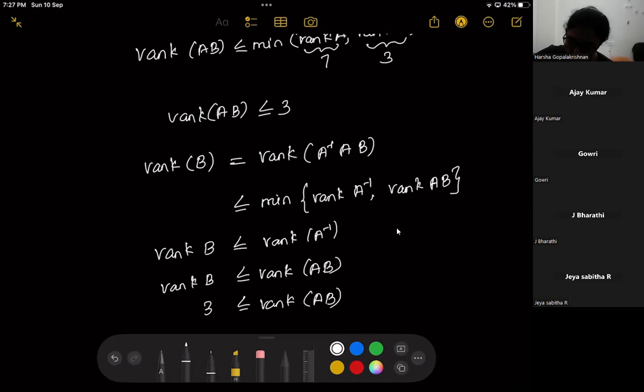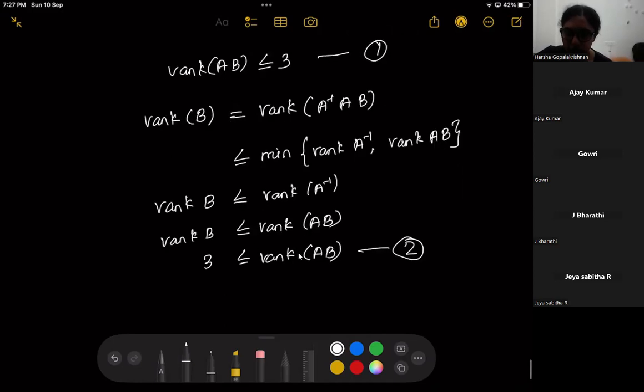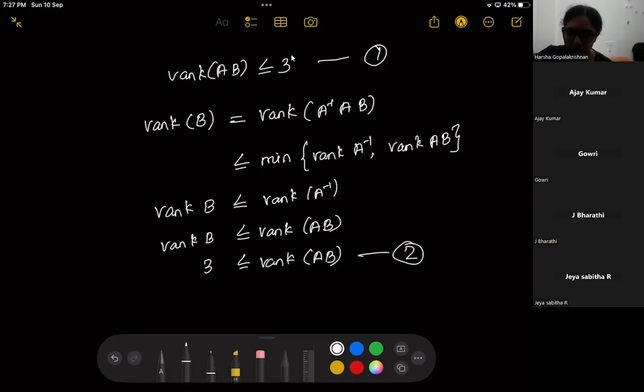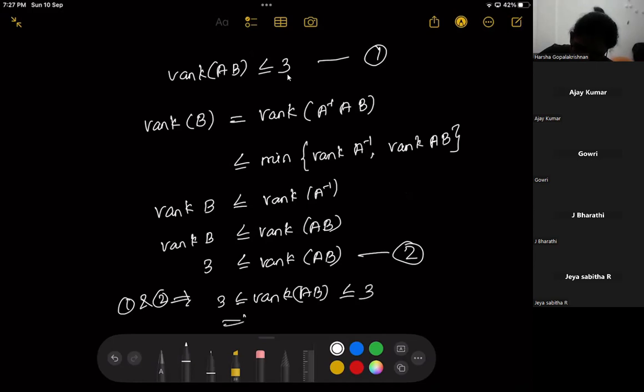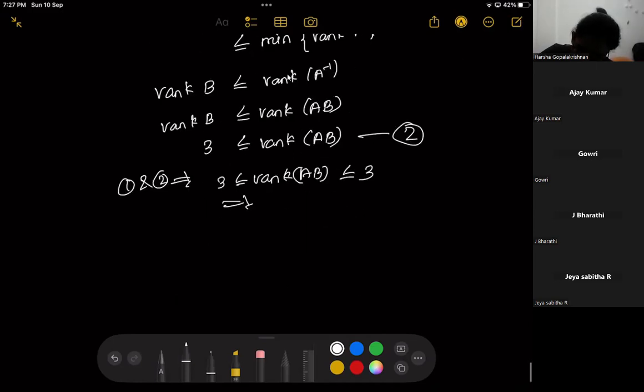Now, coming to equations 1 and 2, what can we conclude? 3 is less than or equal to rank of AB, and rank of AB is less than or equal to 3. This implies rank of AB equals 3.